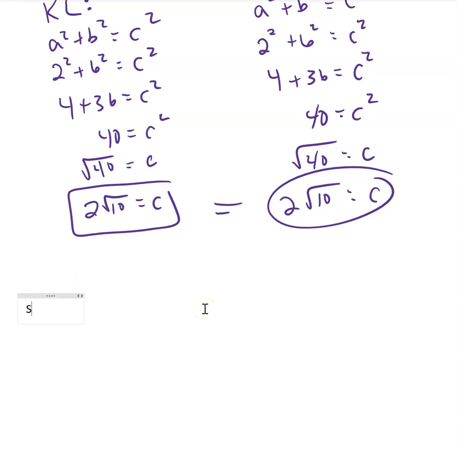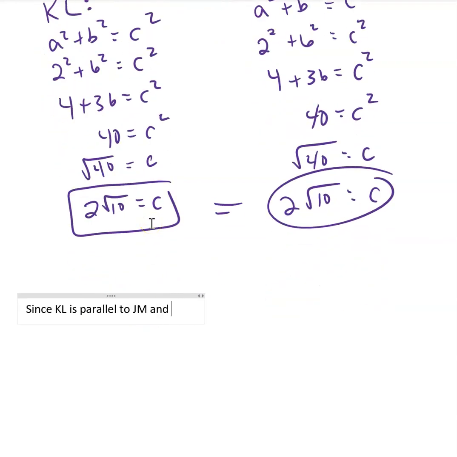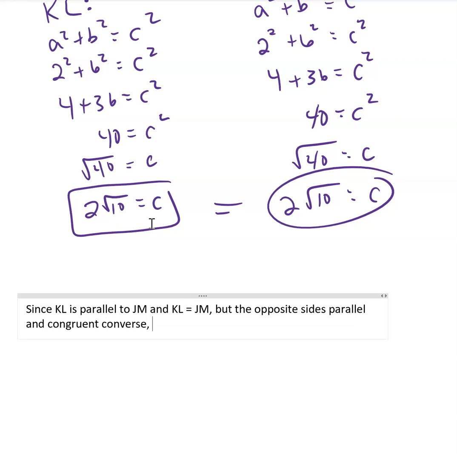So we can say, since KL is parallel to our other one, JM, and KL is equal to JM by the opposite sides parallel and congruent converse, JKLM is a parallelogram.